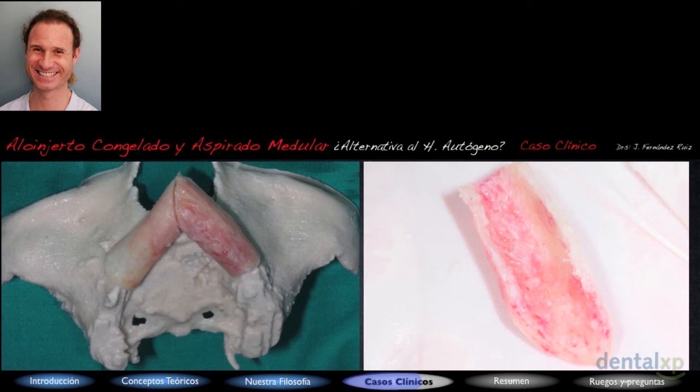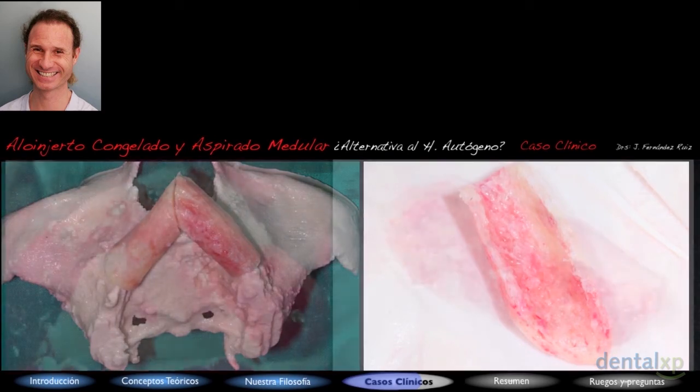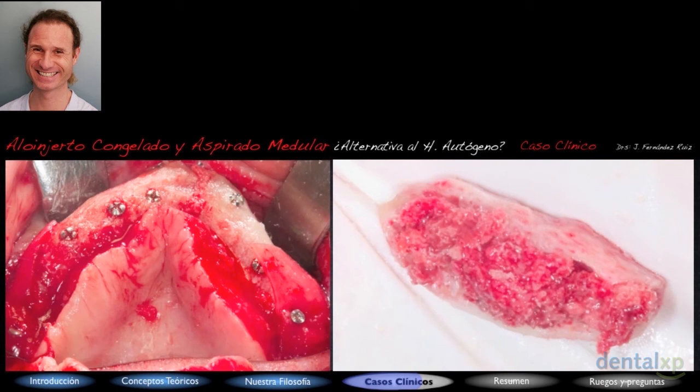So what we'll do is we will join them in a V shape and only fix with the fixation screws, and we will then do minor adjustments with an osseous burr on the bone graft, so we can have the dimensions that we consider ideal for the bone graft.